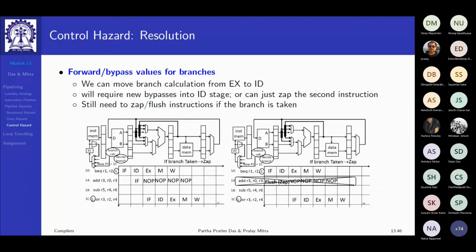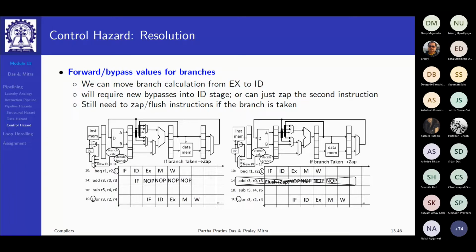Now, if you do forwarding, then you are making the decision now here instead of the EX. You are making the decision in the ID stage of the BEQ. So the next instruction, which is add, will have to stall, but the decision will be known before cycle 3. Okay? So when this decision is being made, the next instruction sub has not been loaded yet. It has not been fetched yet.